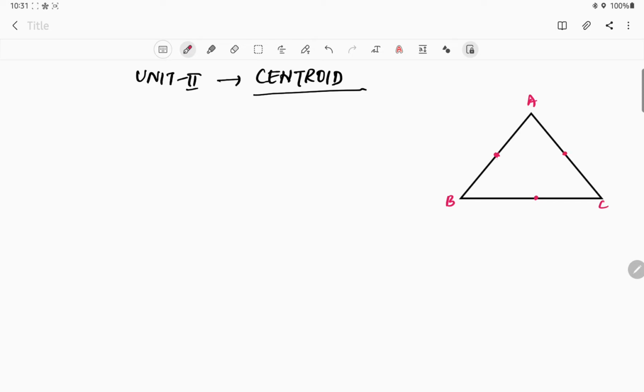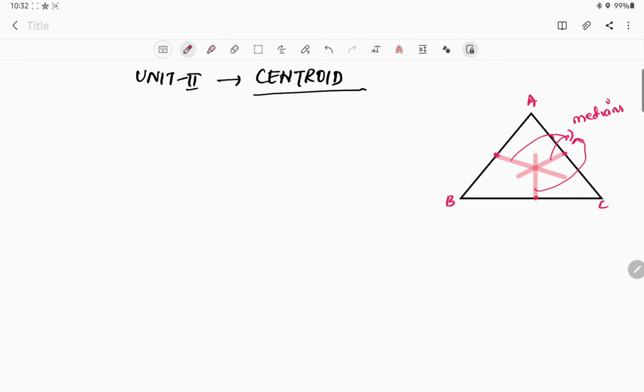Now if you draw a line like this, and another line like this, and another line in this fashion, the lines joining the midpoints to the opposite vertices are said to be medians.